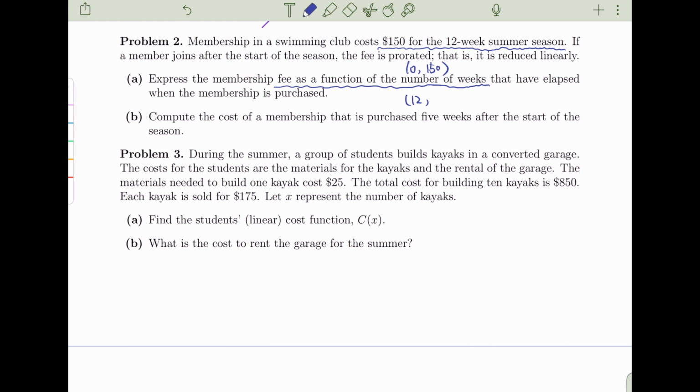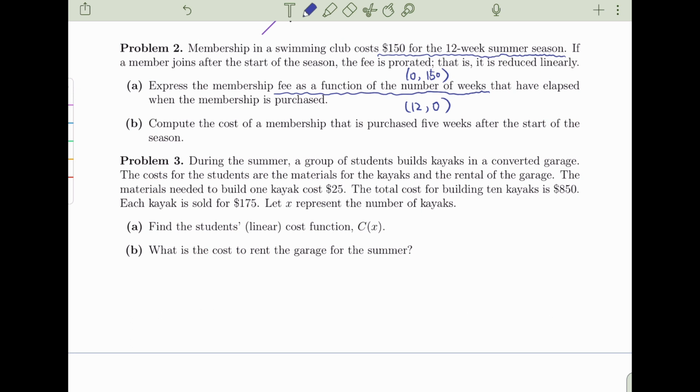So we can say that the price is 0 at that point, mathematically speaking. So now we have these 2 points here, 0 and 150, and another point that is 12 and 0, right? So that is the idea how we work this out.